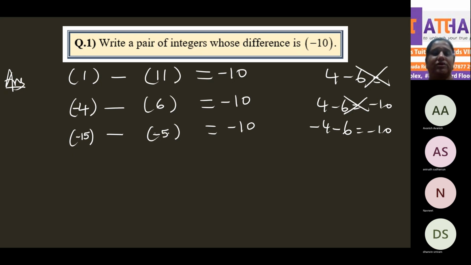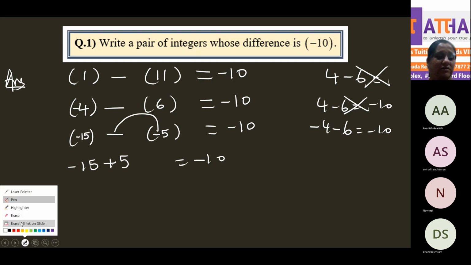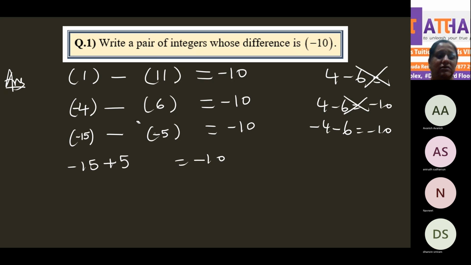Minus 5 only you should put here. Minus into minus plus, ma'am. So minus 15 plus 5 is equal to minus 10, ma'am. Very good. This is correct. Because minus 15, then minus into minus is plus, so plus 5. Different sign, subtract, and put the sign of the greater number. Very good.